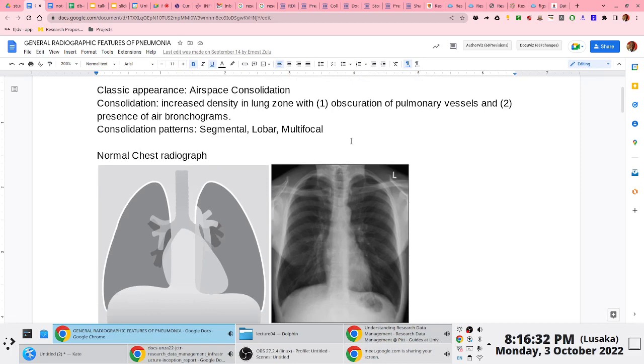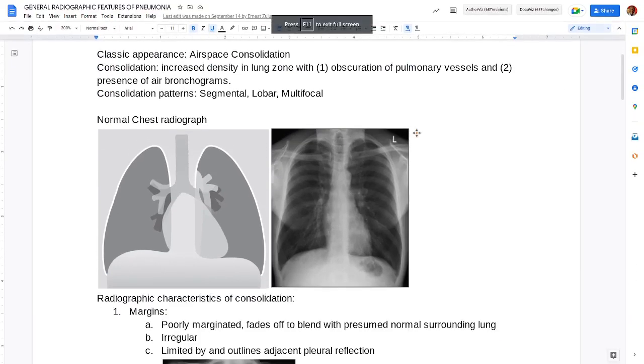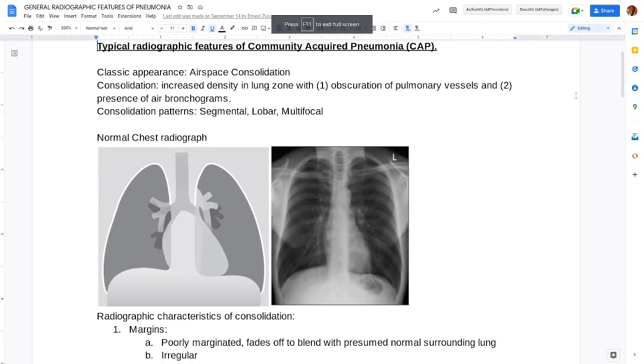Yeah, so I decided to put what a normal chest X-ray should look like as a way of reference as we look at the actual abnormality caused by pneumonia.